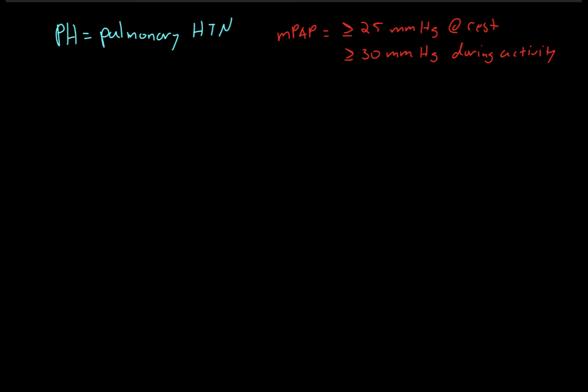There's many reasons to have an increased mean pulmonary artery pressure, and it could be because of baseline pulmonary hypertension. It could be because of the etiology of the disease, inflammation, hypoxemia, right ventricular failure, left ventricular failure. So there's many reasons that pulmonary hypertension can manifest in our critically ill patients.